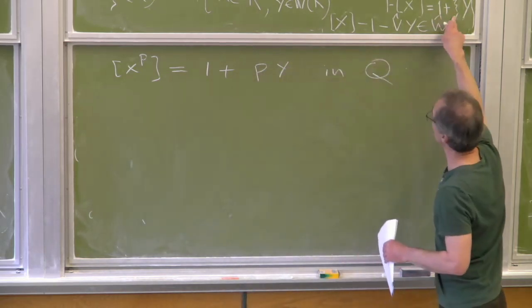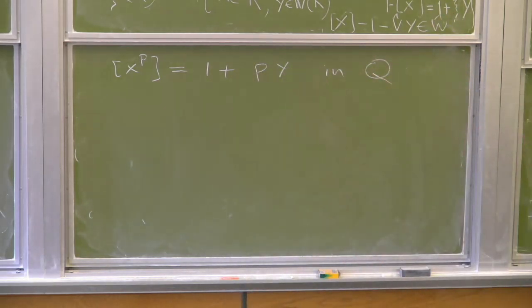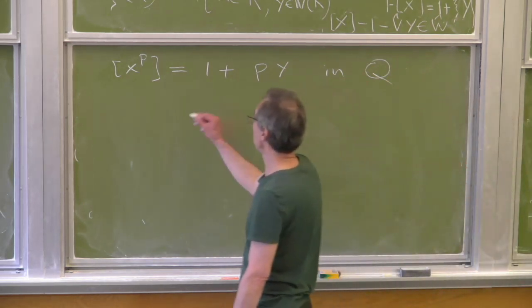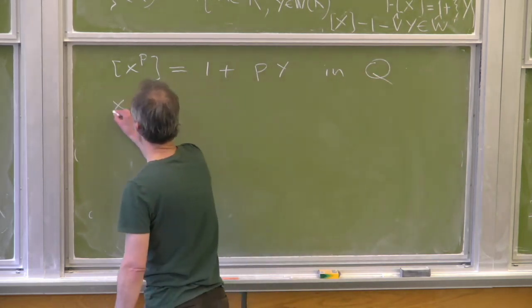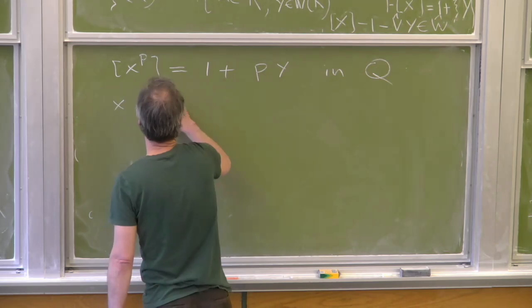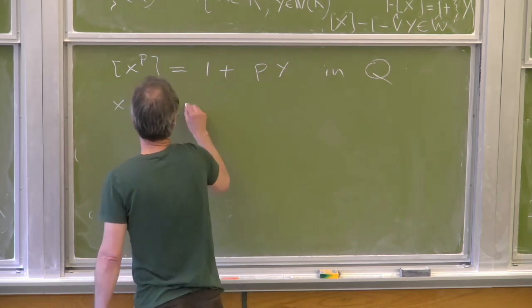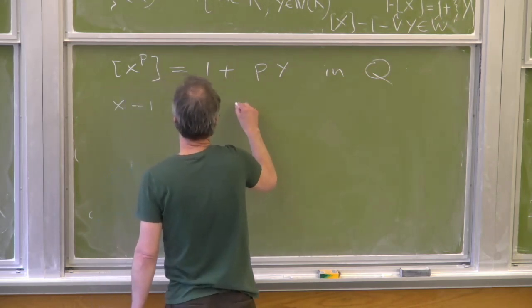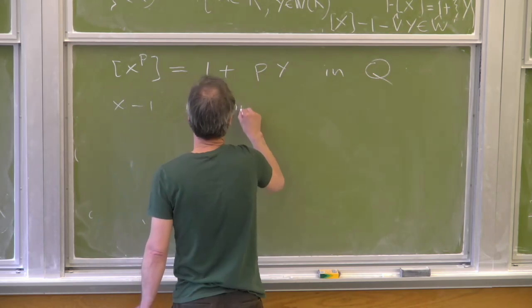Because C is equal to p. In particular, it implies that X minus 1 is nilpotent.